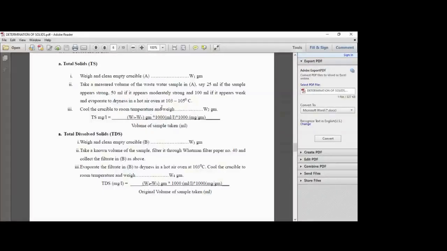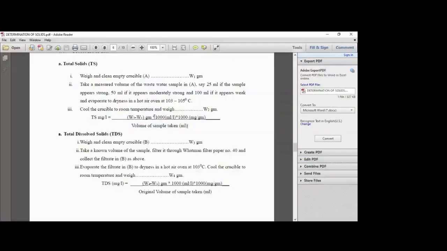So these are nothing but the solids. Now we have to weigh this crucible again. That weight will be W2 gram, right? So W2 minus W1 gram will be the weight of the solid, the weight of that residue which is inside the crucible. And how much sample have we taken? The sample we have taken was 100 ml, right? So that will be noted down here.